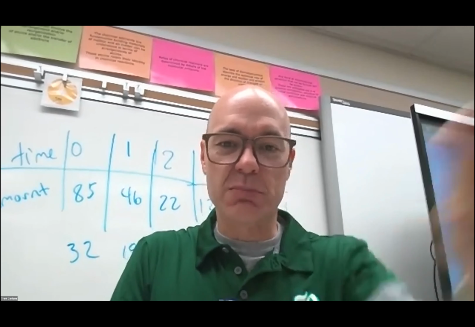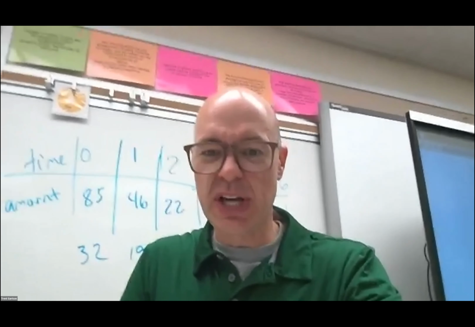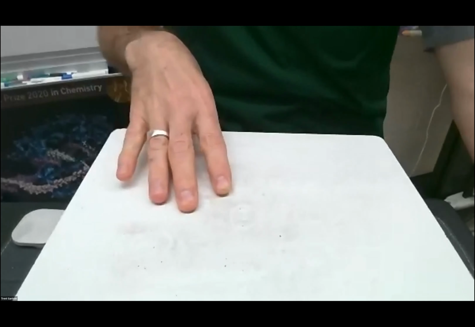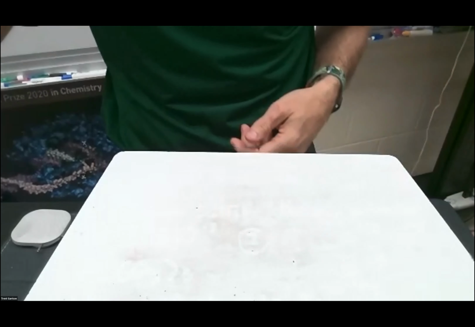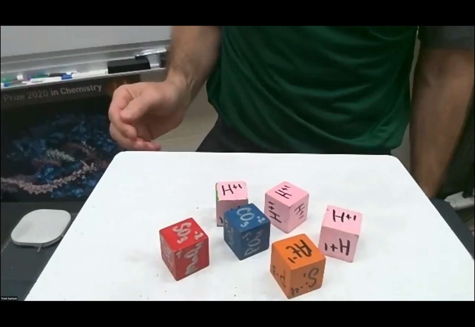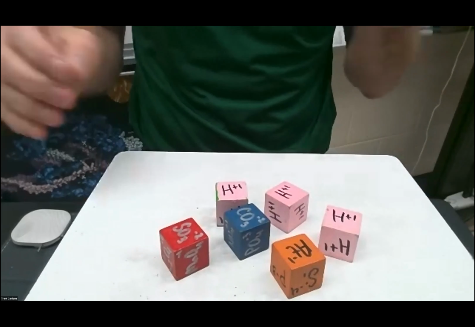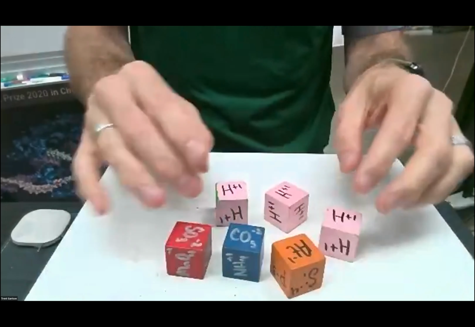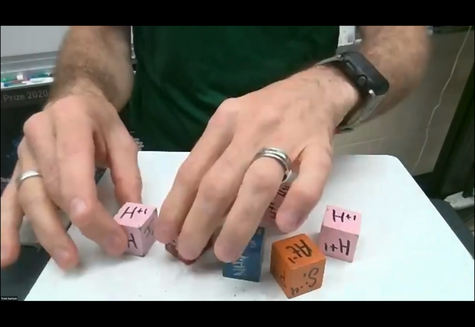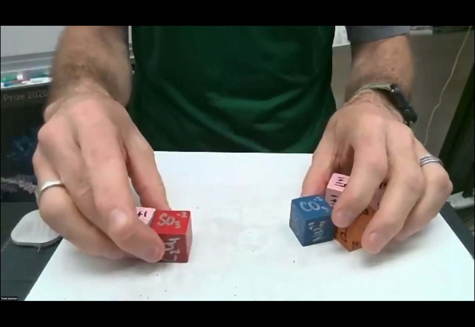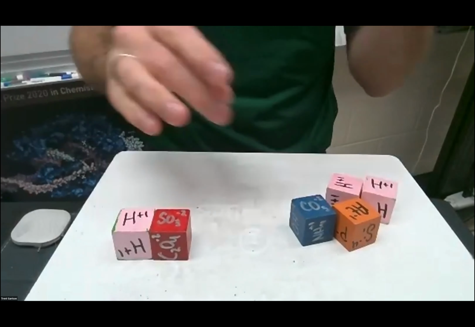Actually, let me just pull down my screen so we can see which dice you're going to need for this activity. As we come down to this surface, you'll see that I have six dice of different kinds. I've got the H, and I'm going to do with it the red dice, which has a polyatomic.